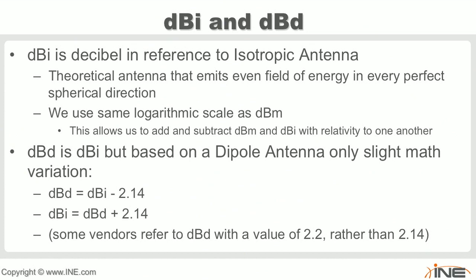If you imagine a completely round ball around a middle point, emanating energy out from that in a perfect direction in all ways, that's the idea of an isotropic antenna. We use it as a reference point, even though it's not possible to build such a perfect device. Or at least we've never done it.